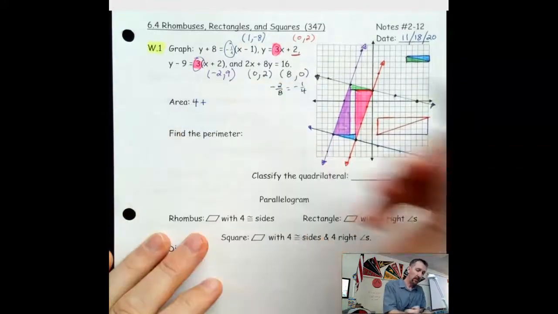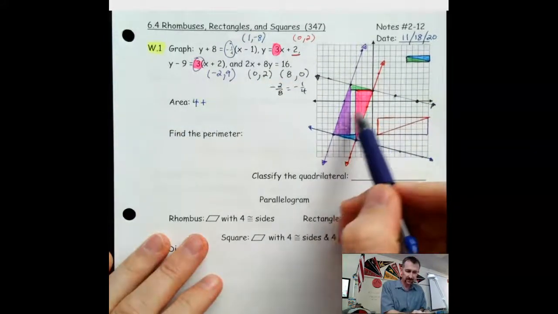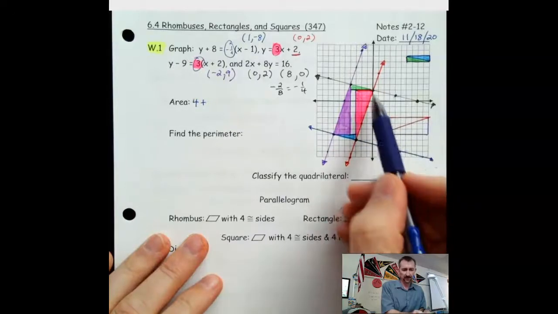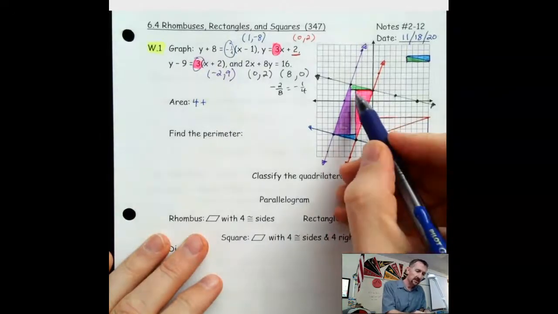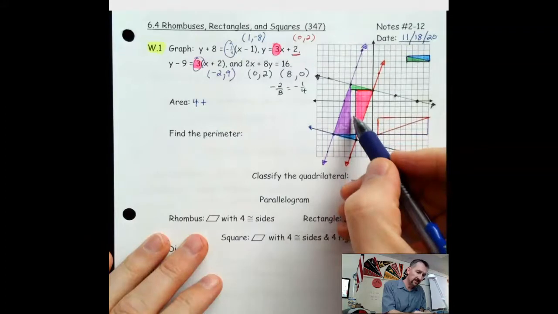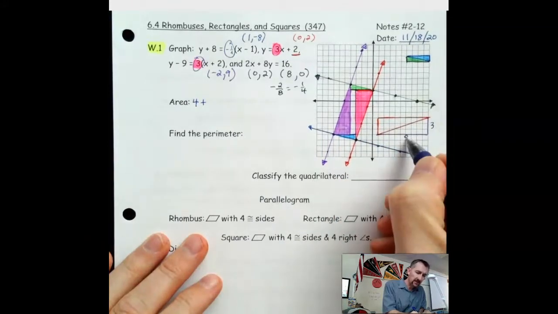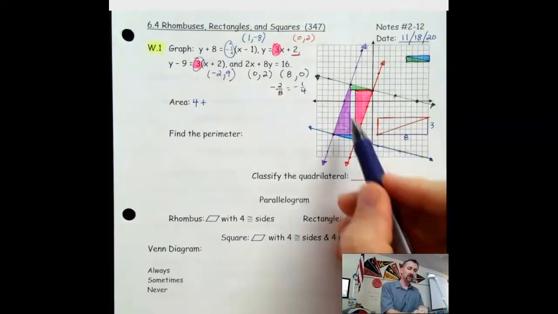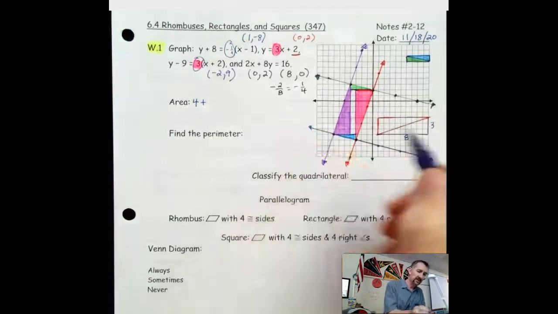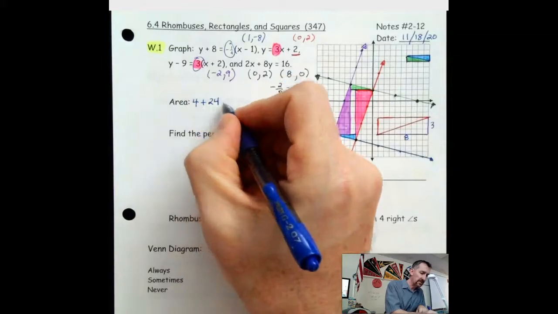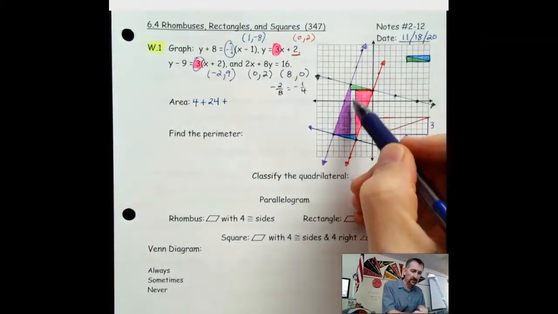So I'm going to have 4 plus, and now if I take these two triangles and I put them next to each other, you can see that that's 3. And this is 1, 2, 3, 4, 5, 6, 7, 8. 3 by 8. So this is 3, and this is 8. So the area of those two triangles together is like a rectangle, so that's 24 because they're right triangles. And then we just counted, that's 8.